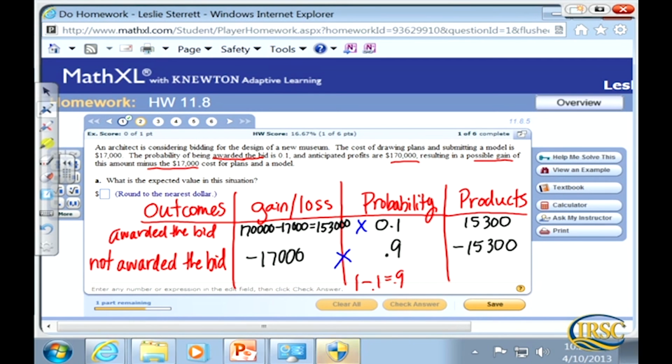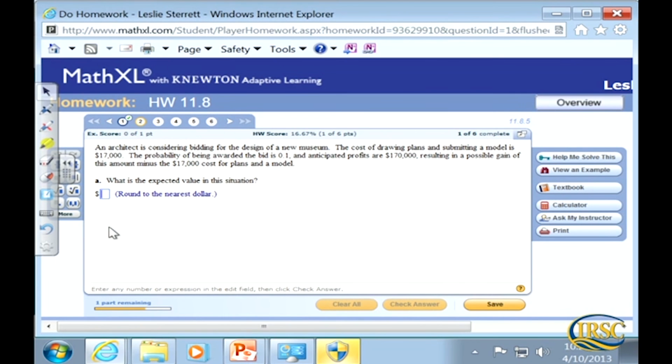Okay, make sure you had the right amount of zeros, and make sure it's 0.9 when you're typing it in. All right, so now when we add these two numbers together, what do we get? Okay, so the value is 0. That's our expected value right there, $0. Okay, so we're going to type in a 0.